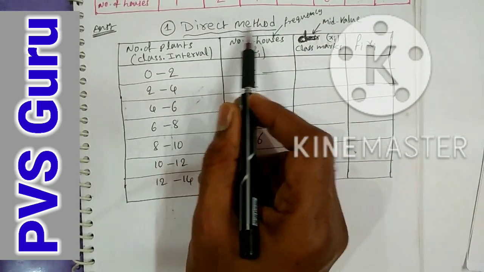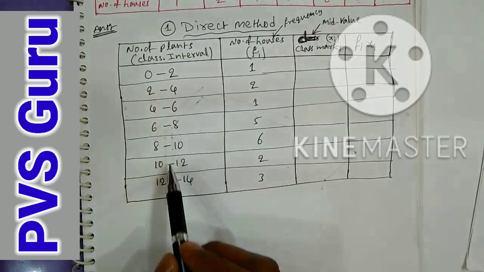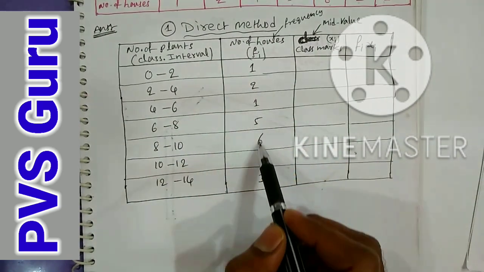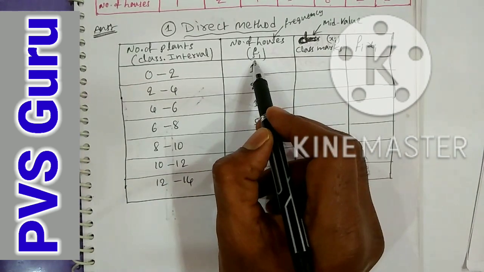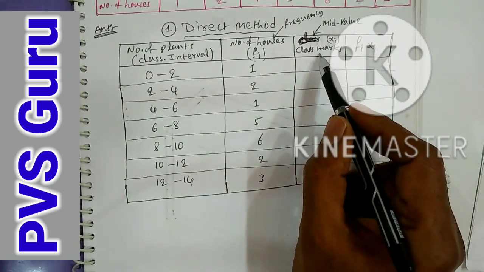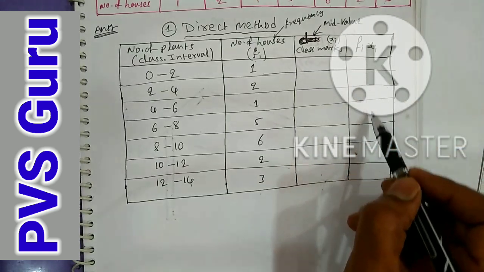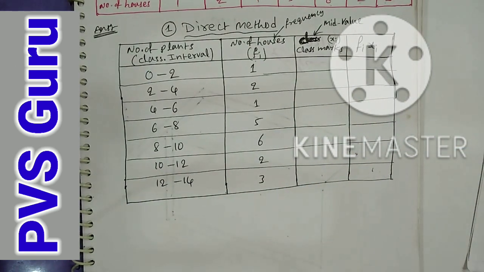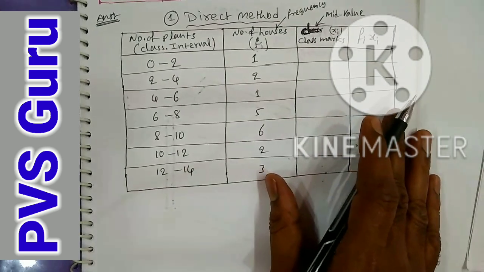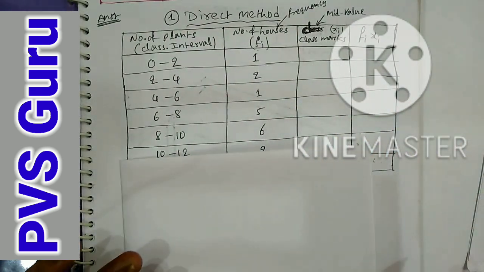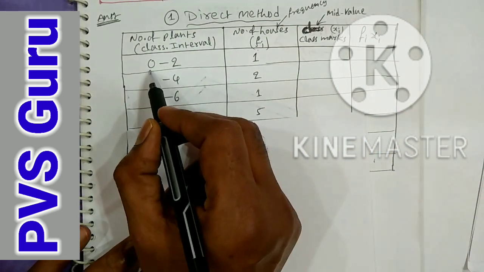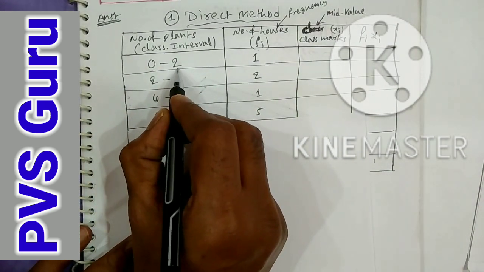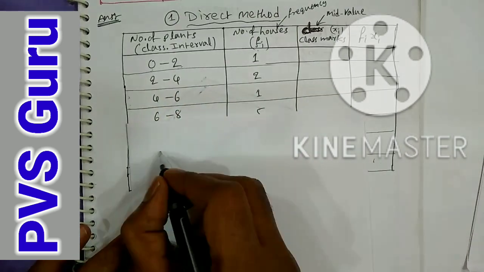Direct method. In this one, first the class intervals are given. This is the given question. Here the number of houses is also given. This is called frequency. Then we should calculate the middle value, and then substitute in the formula to get the answer. To find the middle value: in a class interval, this is the lower limit and this is the upper limit.